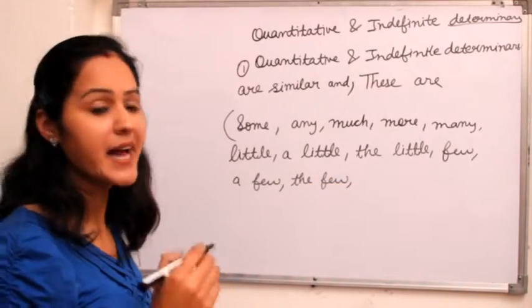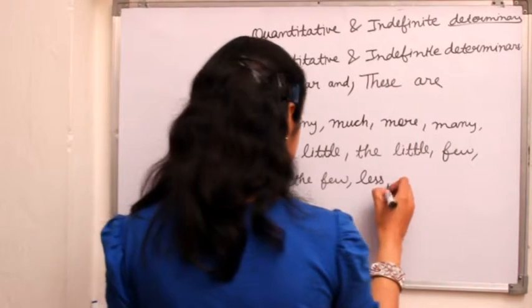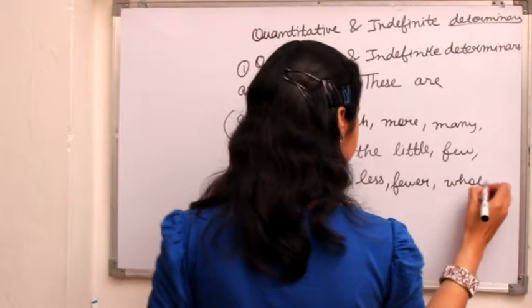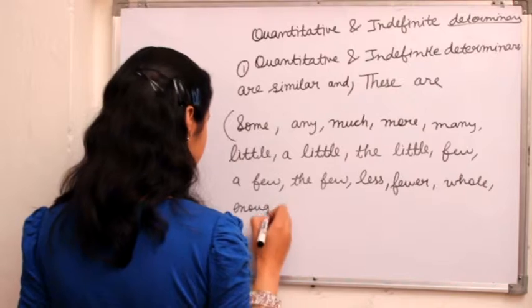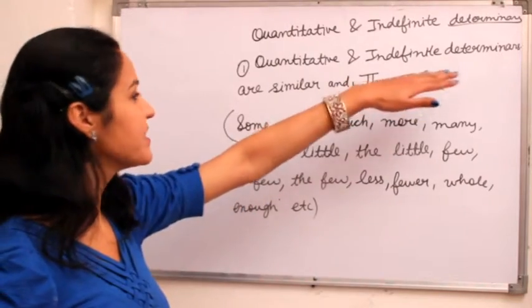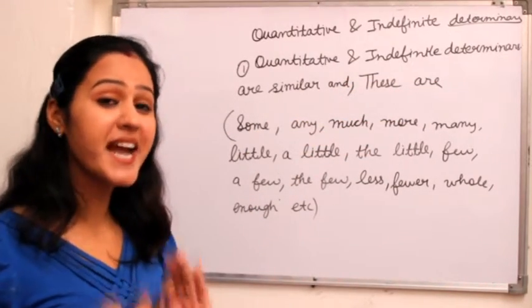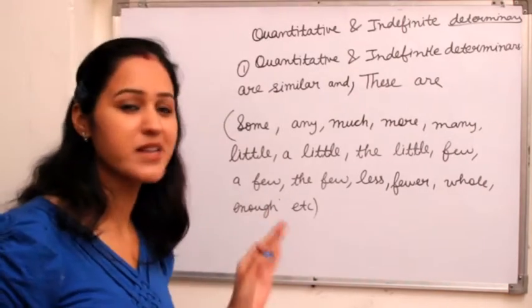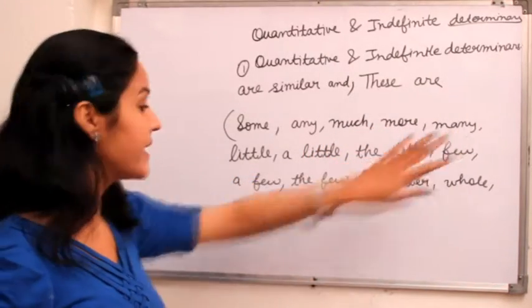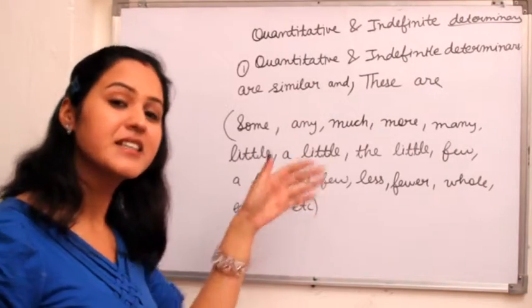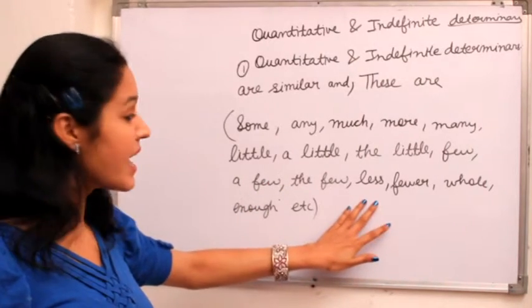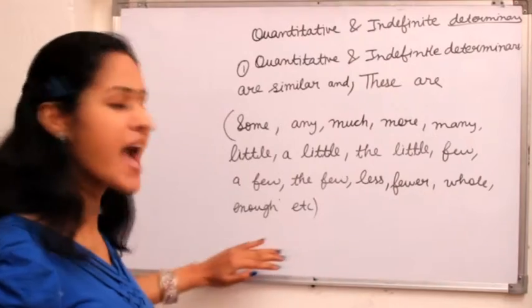I also add here less, fewer, whole, enough, etc. So quantitative and indefinite determiners are similar, and we can recognize them from some, any, much, more, many, little, a little, the little, few, a few, the few, and the remaining are less, fewer, whole, and enough.